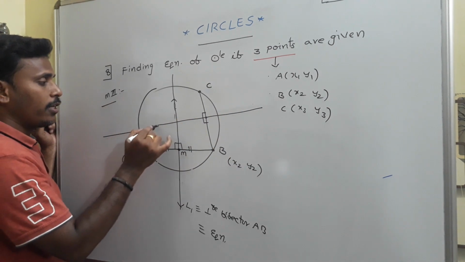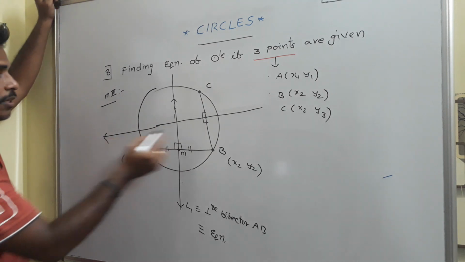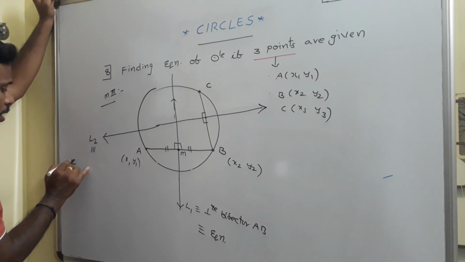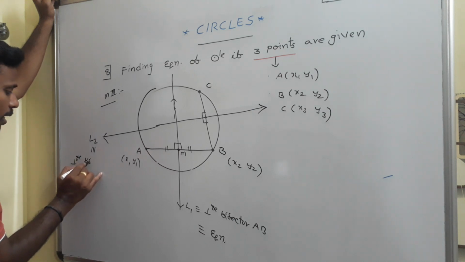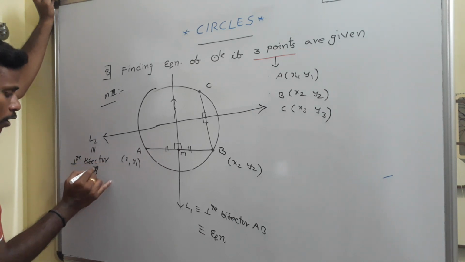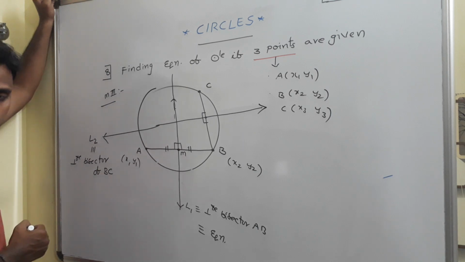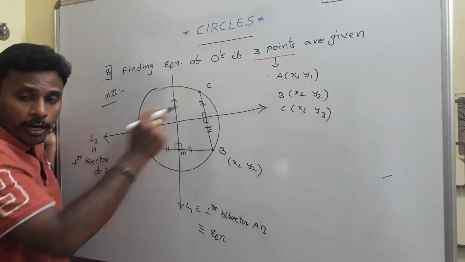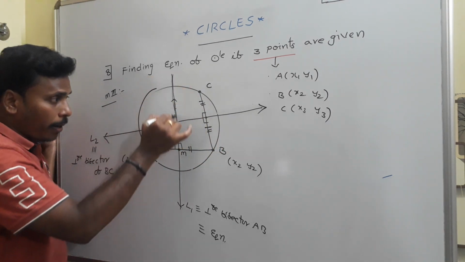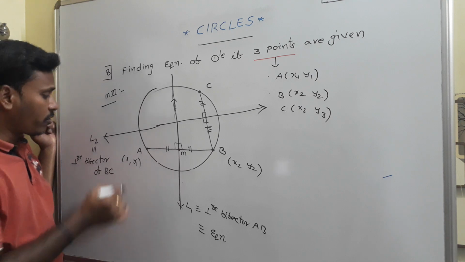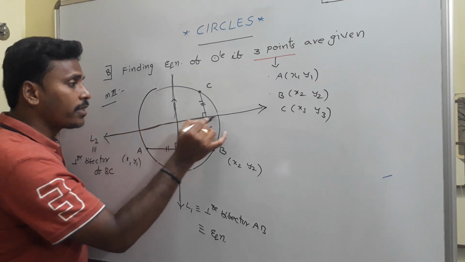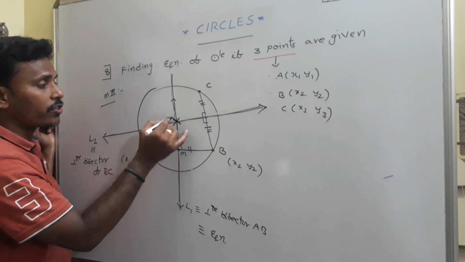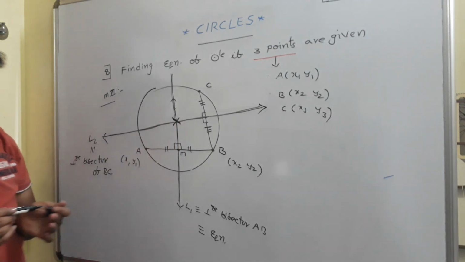Take this line as L2, and this L2 is the perpendicular bisector of BC. As we discussed, the center of the circle lies on a perpendicular bisector. This is one perpendicular bisector, the center lies on this line. This is another perpendicular bisector, the center lies on this line. So for sure, this point of intersection is the center of the circle.